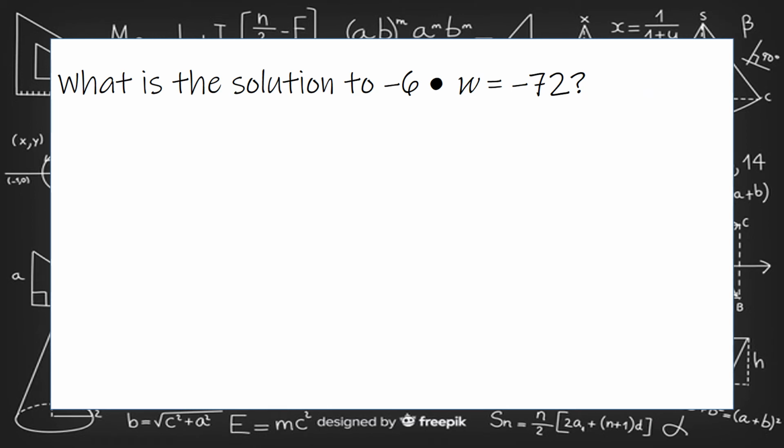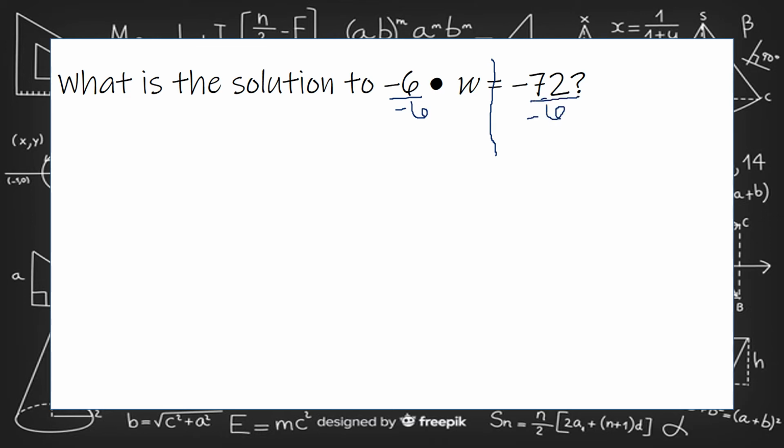What is the solution to negative 6 times w equals negative 72? Well, negative 6 is being multiplied by w, so we've got to undo that. First, we're going to draw our line so we remember to do it on both sides of the equal sign. If we're multiplying by negative 6, we're going to divide by negative 6 on both sides.